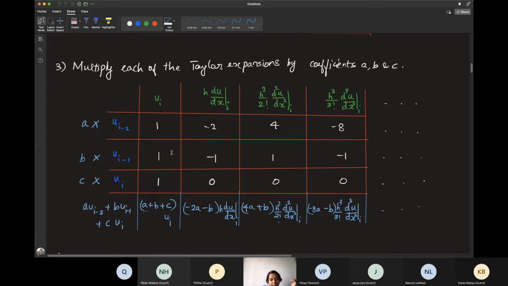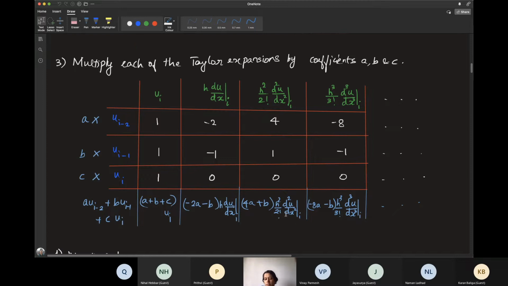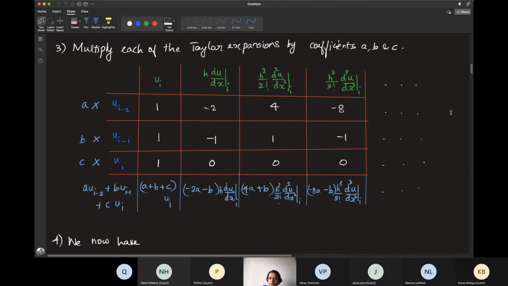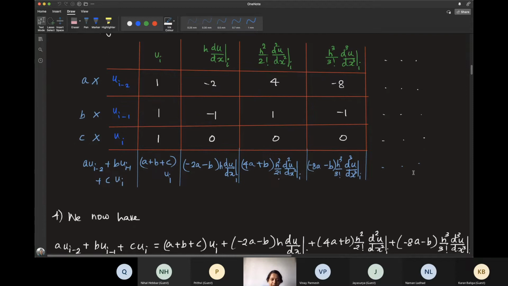When you add the terms in this column, you'll get a plus b plus c into ui. When you add the terms here, you'll get minus 2a minus b into h du by dx at i. And the same here, 4a plus b into h squared by 2 factorial d squared u by dx squared, and so on. You can continue this up to the level that you want. I'm stopping it right here.